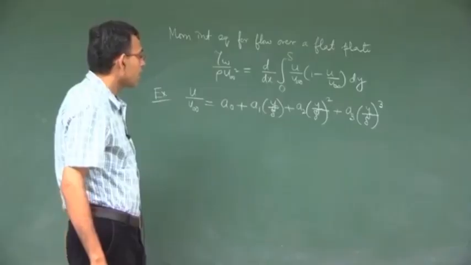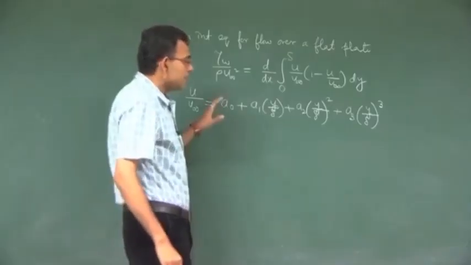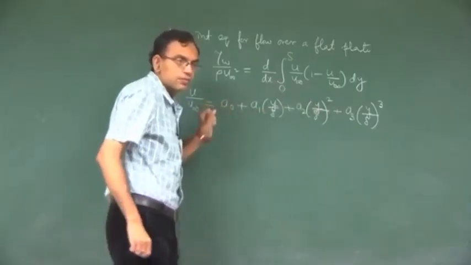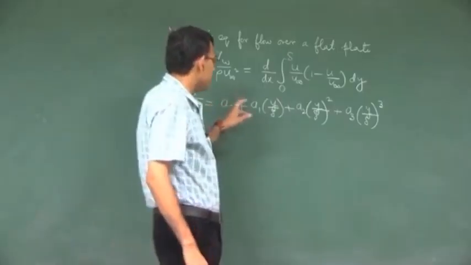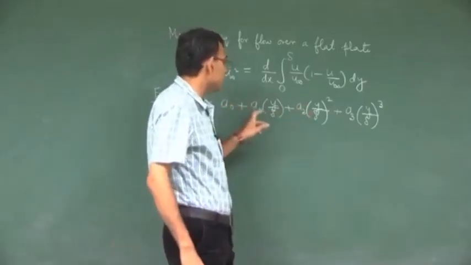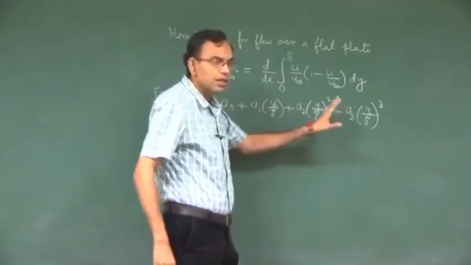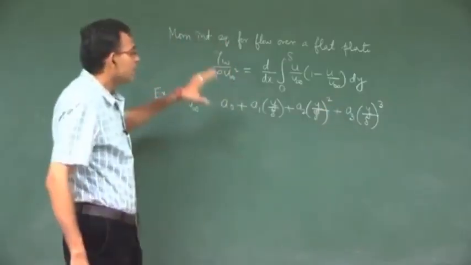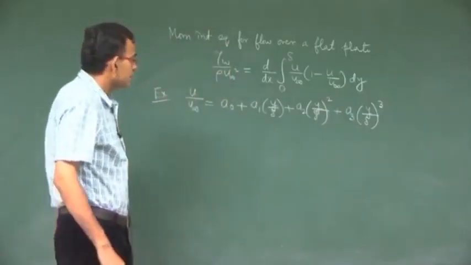Okay. This is an approximate form. Now we have to obtain these coefficients a0, a1, a2, a3 from the known matching conditions.